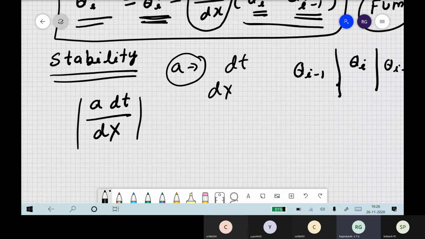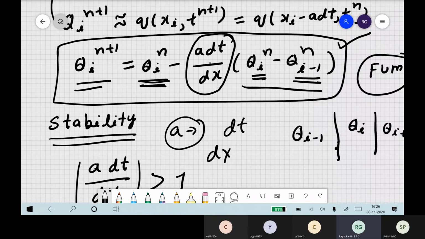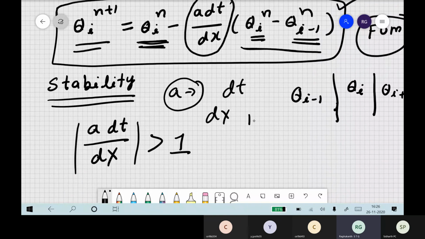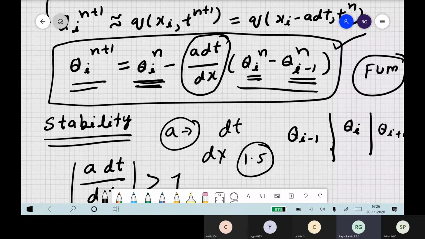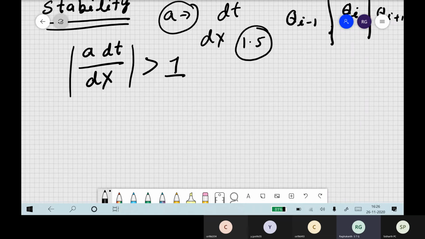If it is greater than 1, say 1.2 or 1.5, what happens to the solution? It will be unstable, or it will be diverging.